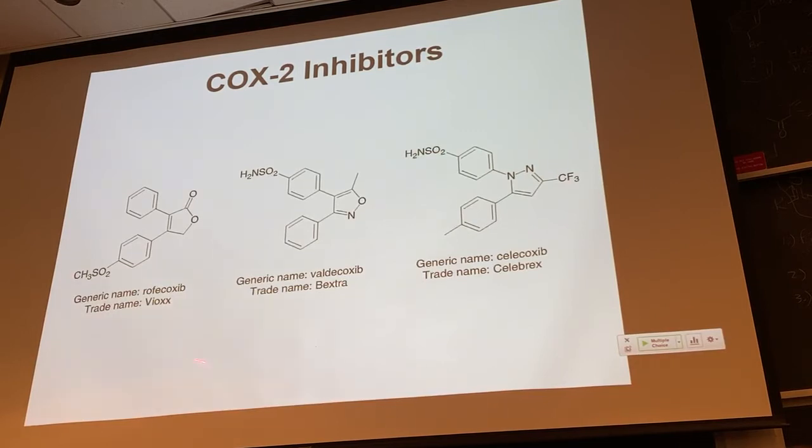And it turns out that Vioxx and Bextra have some significant side effects related to your heart. And so those were removed from the market due to problems that arose. Celebrex also has those side effects, but for a smaller population of patients. And so for many patients who have arthritis or other issues with severe pain, Celebrex is actually a viable drug, okay?